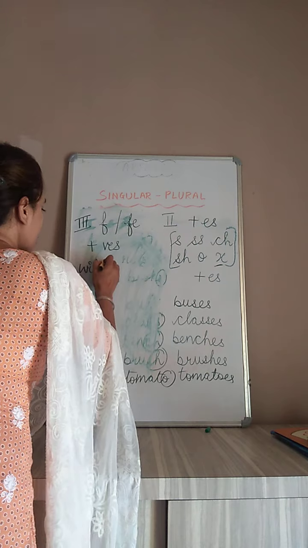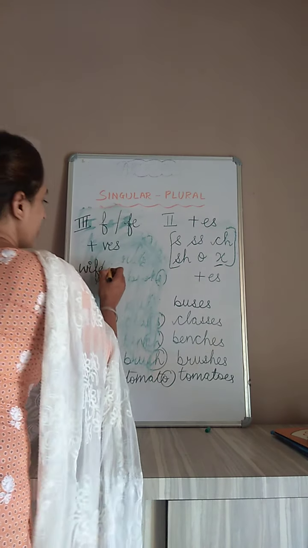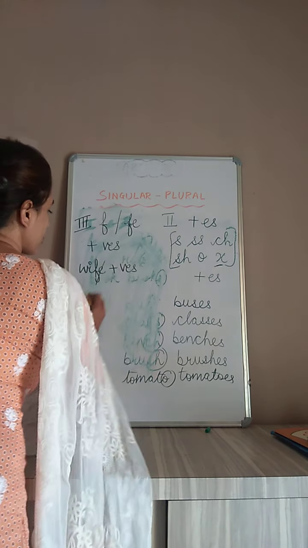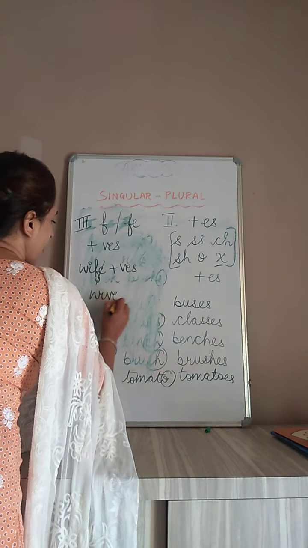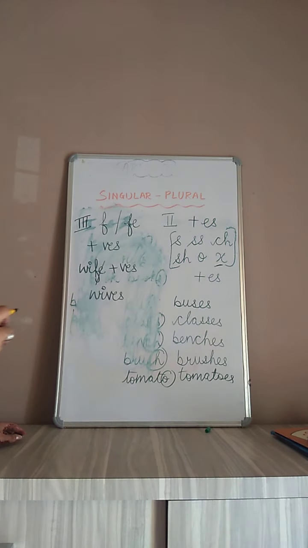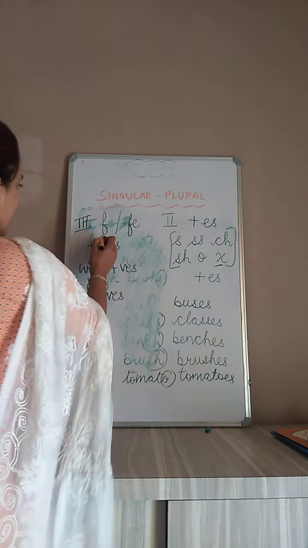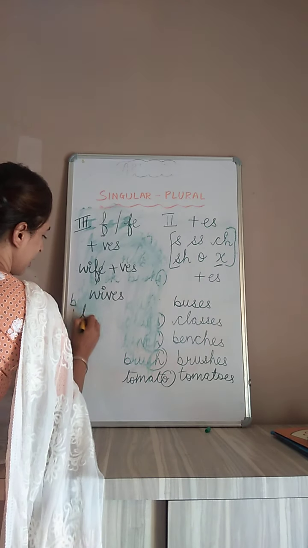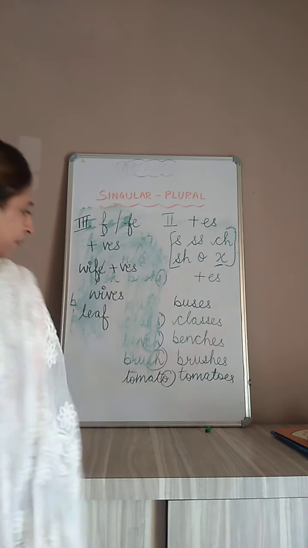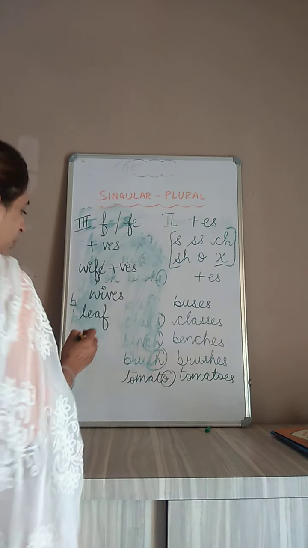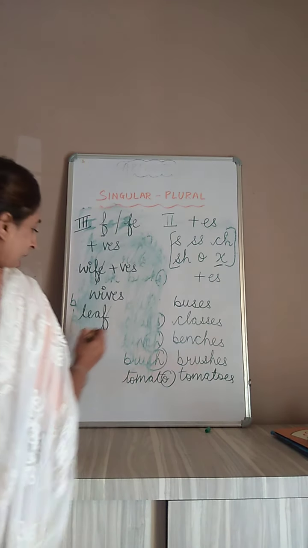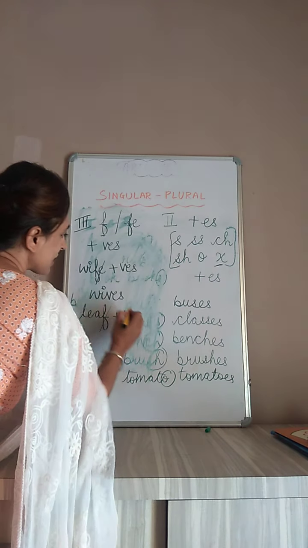So we'll strike off this fe and we'll add ves. So it will become wives. Okay. Next example, leaf. We'll strike this f and we'll add ves.